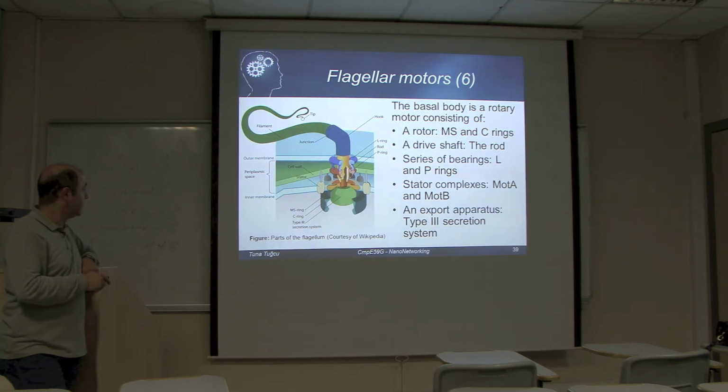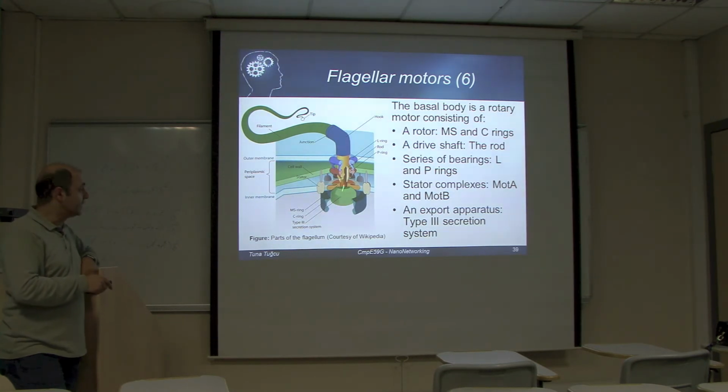And this is the outer membrane of the bacteria, and this is the periplasmic space, then the inner membrane. And here we have the MS ring, C ring, and type 3 secretion systems. You have the L ring here, and there is the rod that is attached to the rings here.